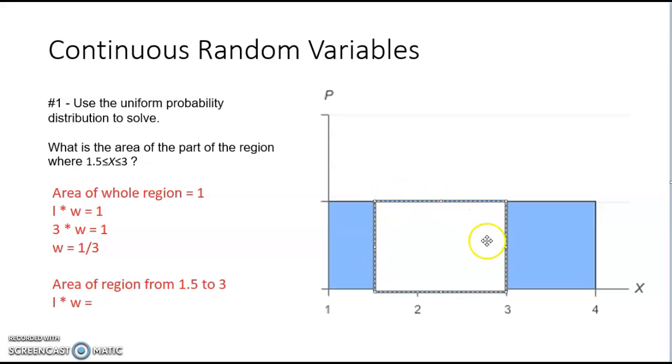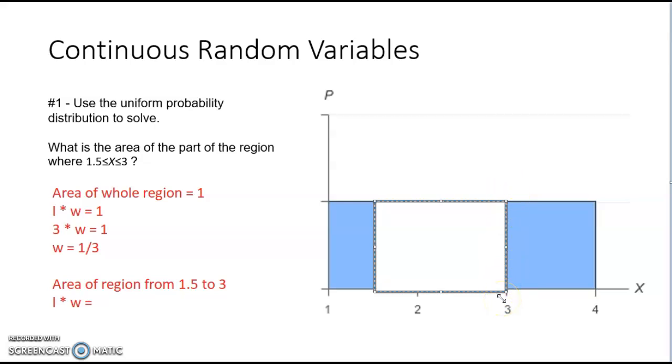So we want the area of this rectangle. We know one of the dimensions of the rectangle, from 1.5 to 3. That distance right there is 1.5, right? 3 minus 1.5 is 1.5. What we don't know is the height, but we can find that.